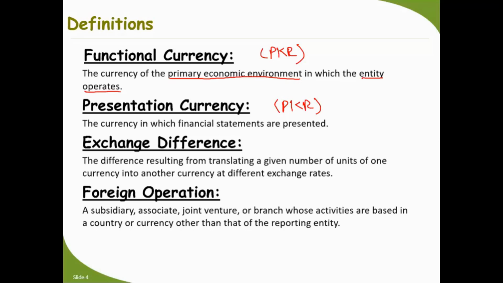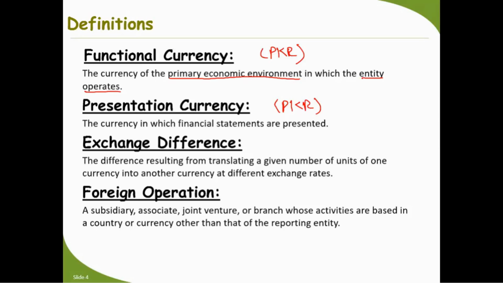For instance, if you have $100 and you want to convert those $100 into PKR, today the rate is say 160 PKR for $1, and after a certain time period it would be different. In that case, the exchange rate difference arising is called exchange difference.